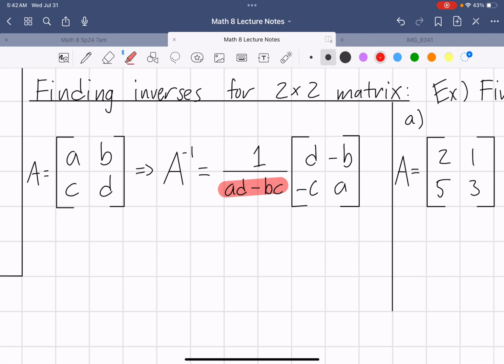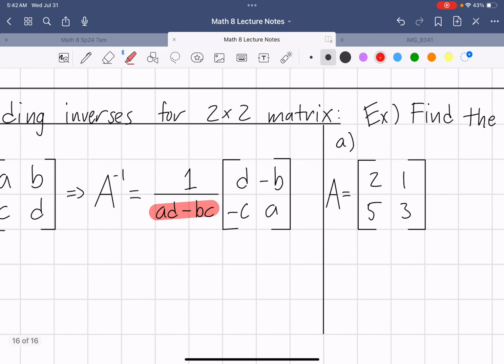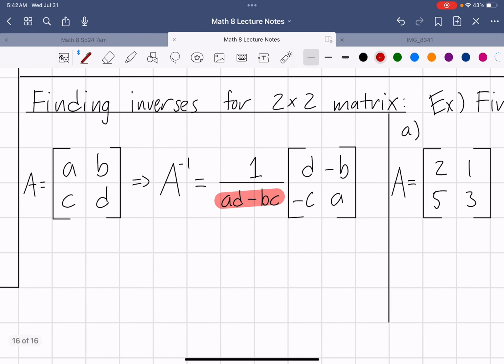So the formula is taking 1 and dividing it by the determinant. That's the name for it. You're doing it in a particular pattern.